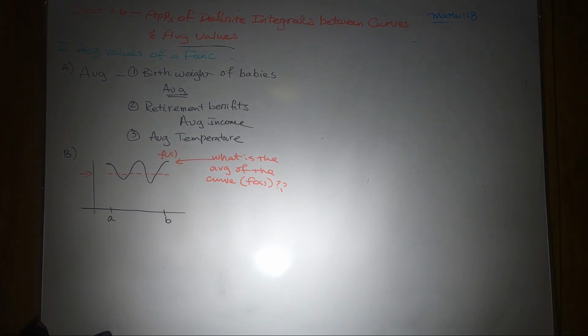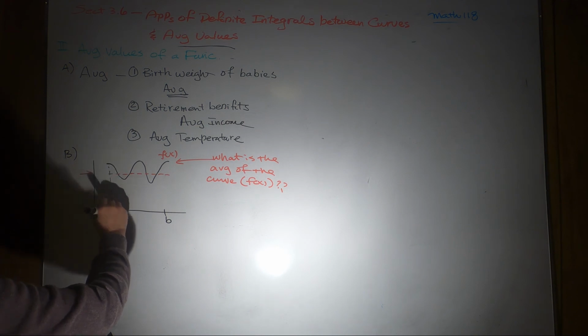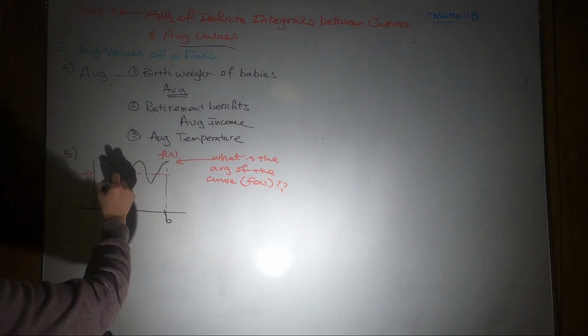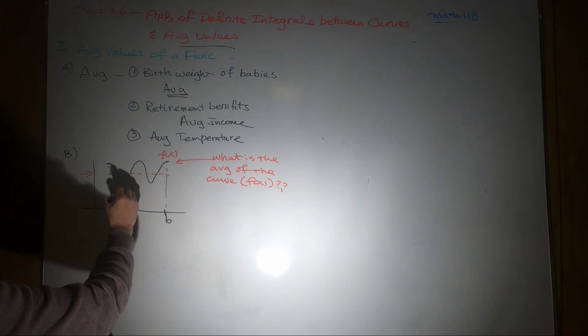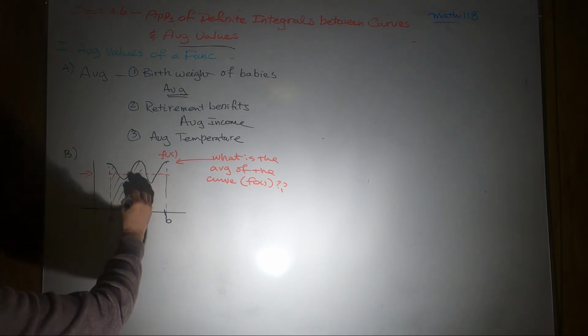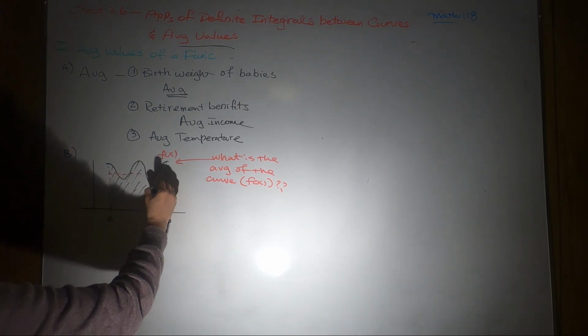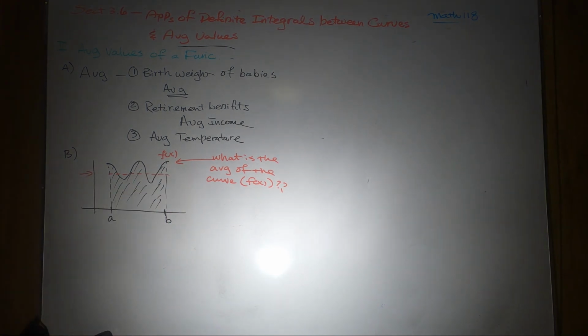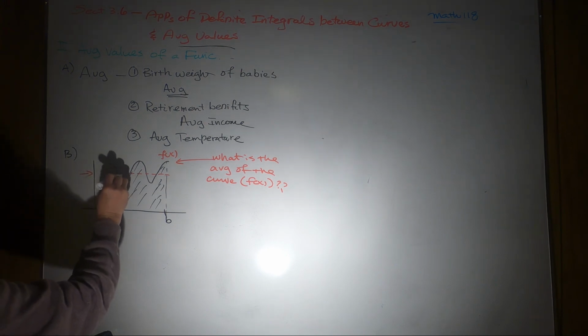So if it's average, it means what? The original area under the black is this, right? If it's average, the area will be what? Under the red.